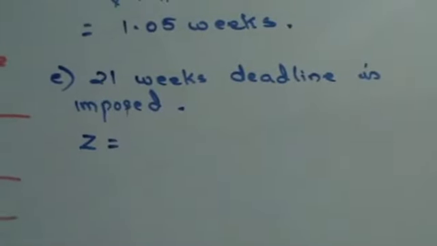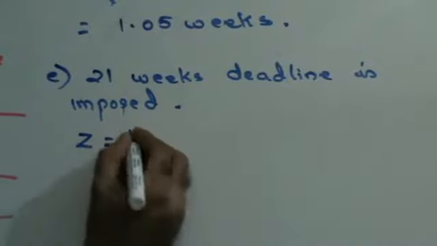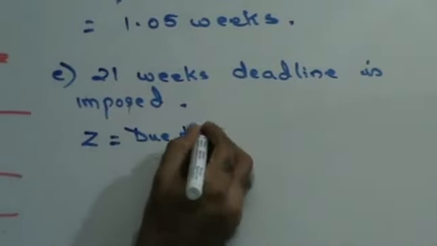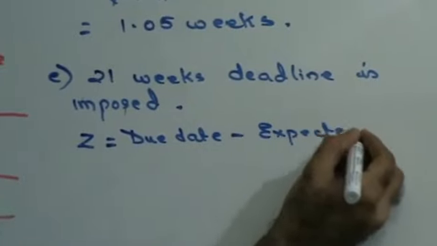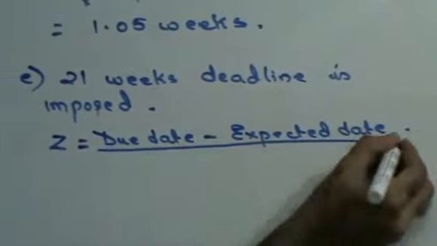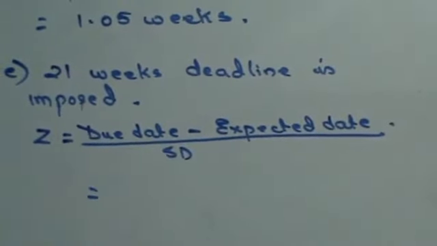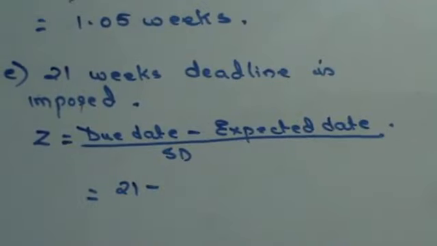How do I calculate my normal distribution variable? It is given by the formula: due date minus expected date upon standard deviation. Due date, I want the project to be completed in 21 weeks.